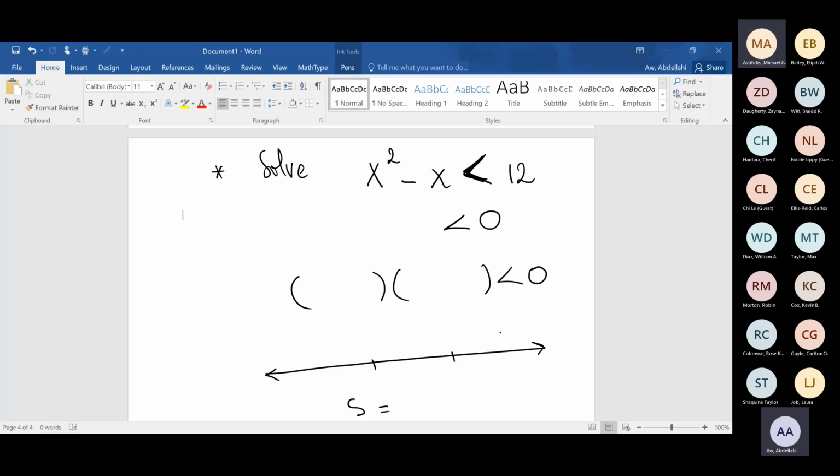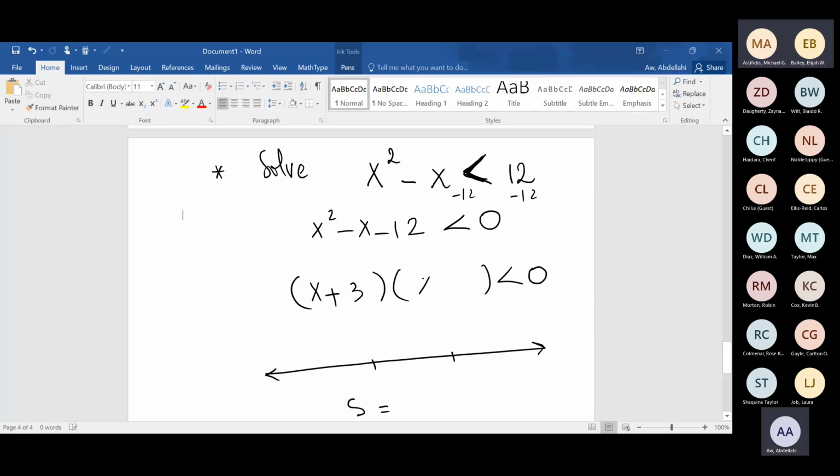All right, as promised. Go ahead. Tell me what you got. The first one, to get less than 0. Tell me what you did. Okay, I subtracted 12 from the right side, leaving 0 on that side, and then you get x squared minus x minus 12, and then you factor it into x plus 3 and x minus 4.